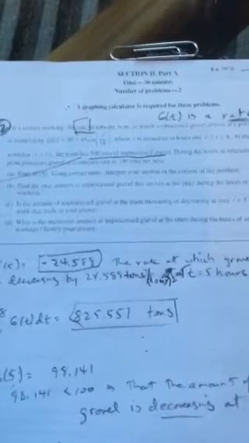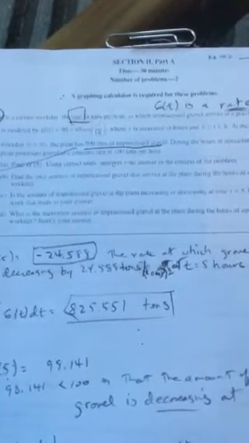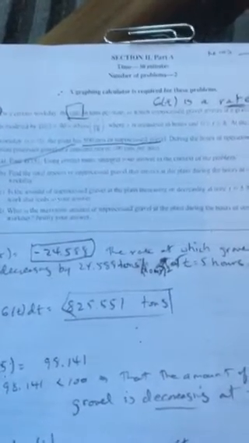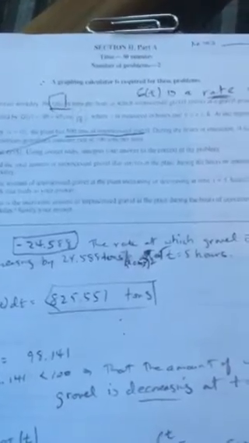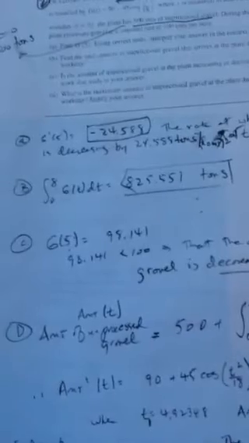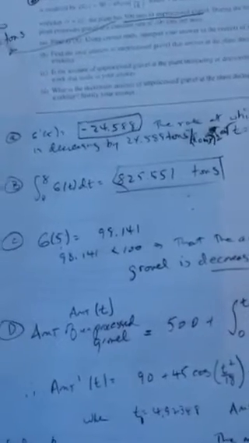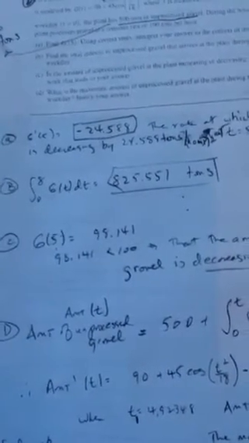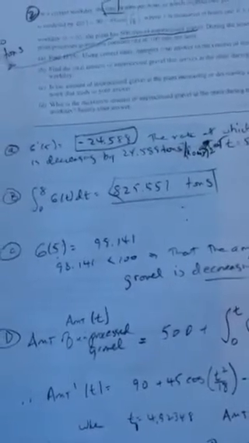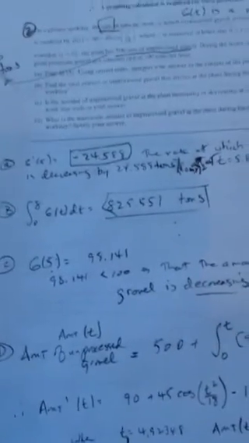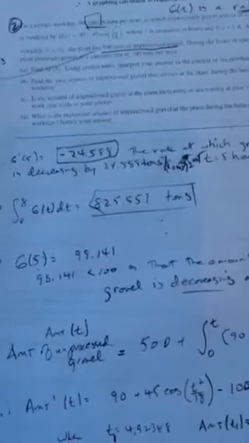So when they ask in C, is the amount of unprocessed gravel increasing or decreasing at t equals 5, you come down and you look at g of 5, which is the rate at which it's arriving. It's 98.141. But in most of these in-out problems, the out rate is very simple. In this case, it's 100 tons per hour or whatever. So you could say it was decreasing.